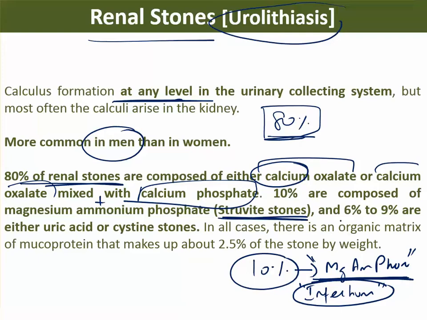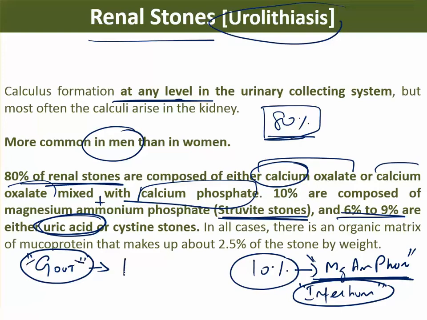Another type of stone is due to metabolic disorders. For example, if the person is producing a lot of uric acid, there is a condition called gout. Inshallah, we'll discuss it more in the MSK module. Here there is some enzyme deficiency which leads to increased breakdown of certain metabolic products, which leads to uric acid.